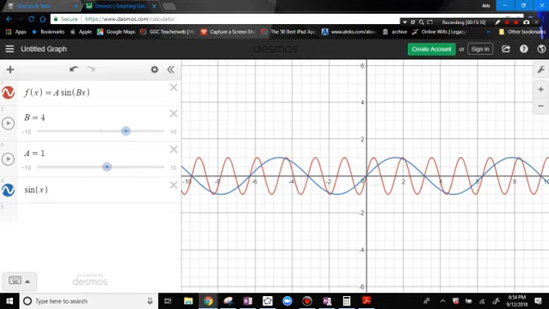So you're taking the blue graph, which repeats itself every 2 pi, and taking that 2 pi and dividing by the 4. 2 pi over 4, 2 over 4 is 1/2, so it's pi over 2. And now this is repeating every pi over 2 units. Pi over 2, pi over 2, pi over 2. Right. Thank you for your question.